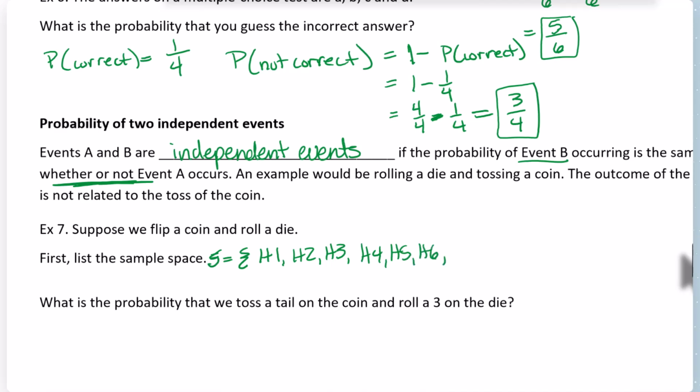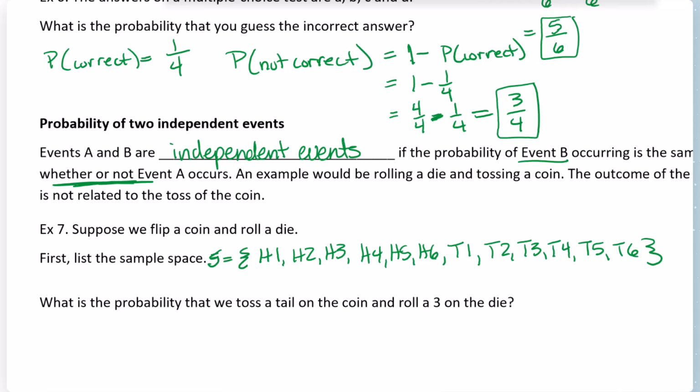And so those are all the possibilities for head and then rolling a die. Or we could get a tail and have tail with a 1 on the die, tail with a 2 on the die, tail with 3 on the die, tail 4, tail 5, or tail 6. So that was listing all the possibilities for a coin toss, followed by rolling a die.